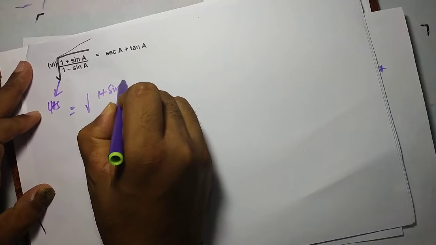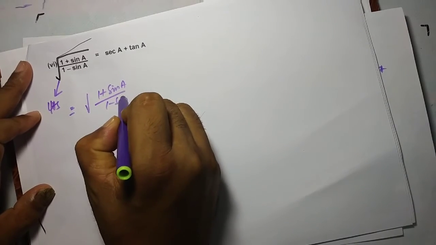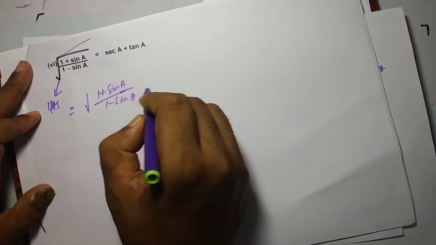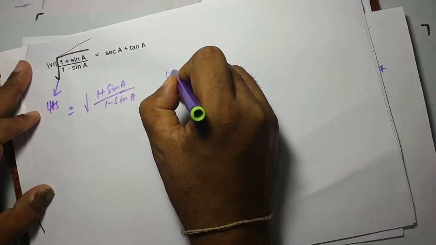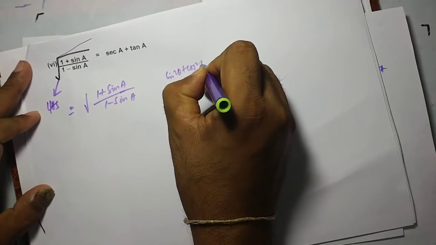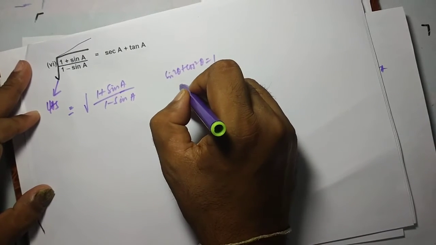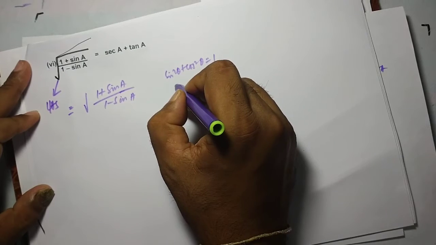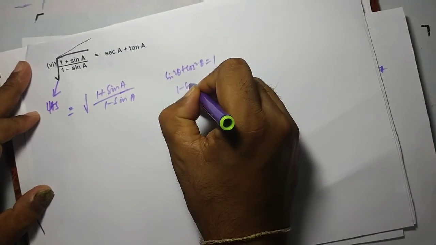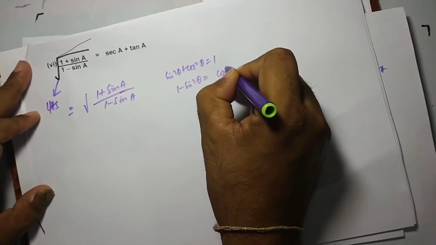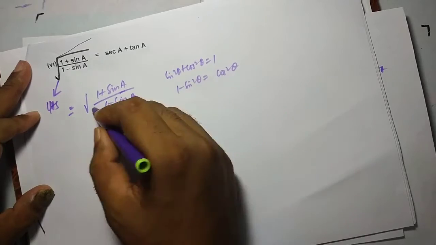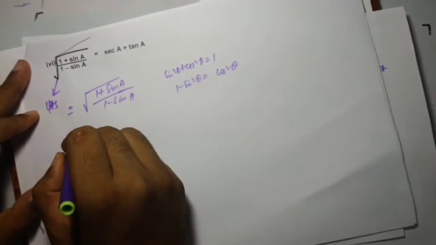So what I will do is root over 1 plus sin A and 1 minus sin A. Let me multiply this one, because we know sin square theta plus cos square theta equal to 1. So if I can get 1 minus sin square theta equal to cos square theta, from this we can get the root neutral.